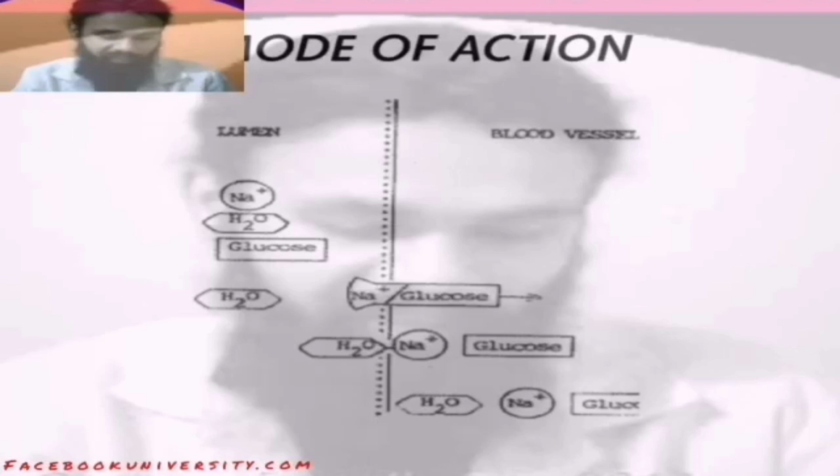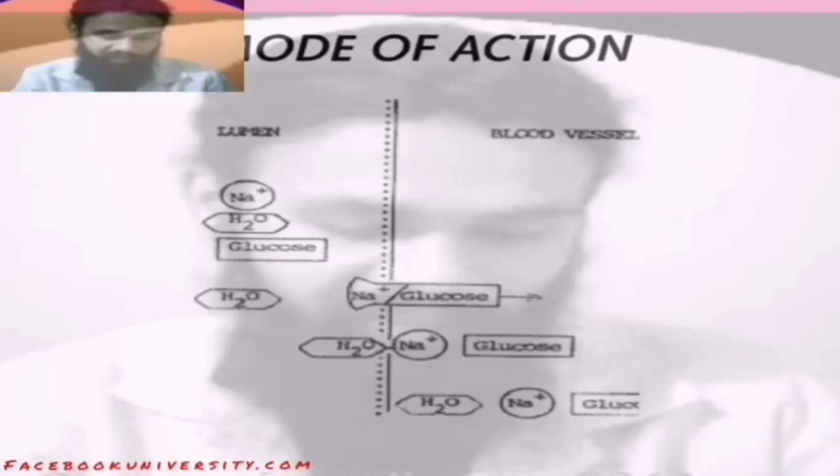So first you take this oral rehydration salt orally, and then the H2O, sodium ion, and glucose, these all you are taking orally, and they will be absorbed into the lumen, and from the lumen they will be absorbed into the blood vessel.